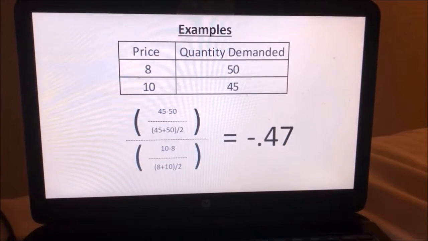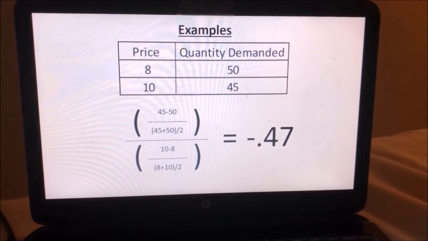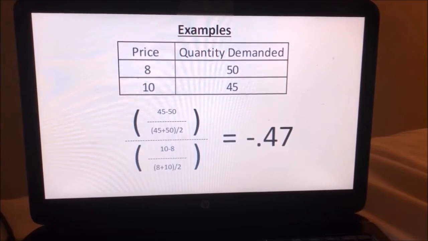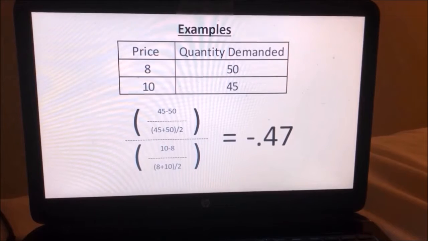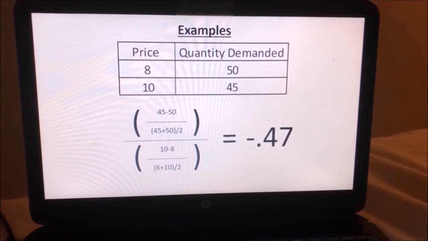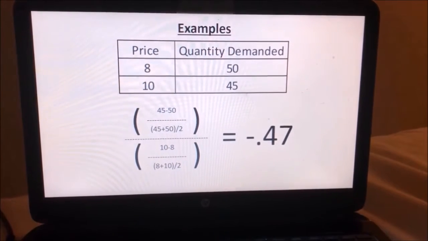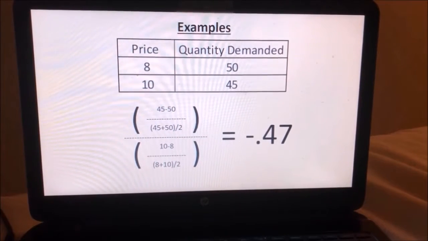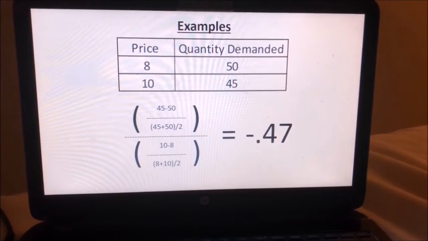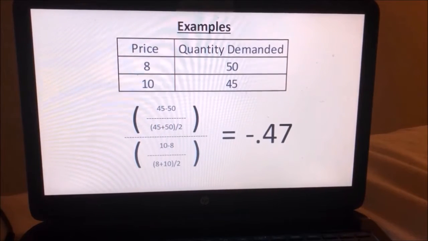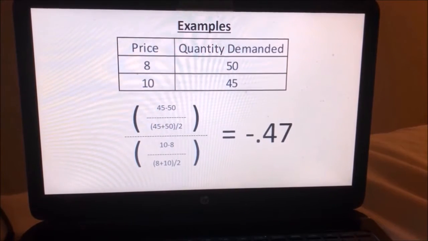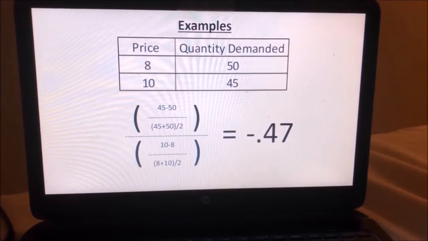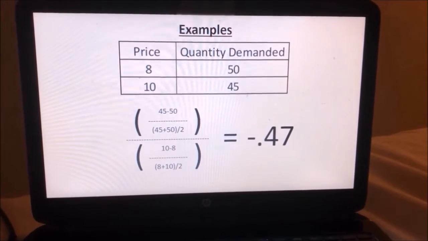So 45 minus 50, that's quantity after minus quantity before, over all the quantity added up divided by 2. Then the price after minus the price before divided by the prices 8 and 10 added up divided by 2. This gives us an elasticity of negative 0.47.